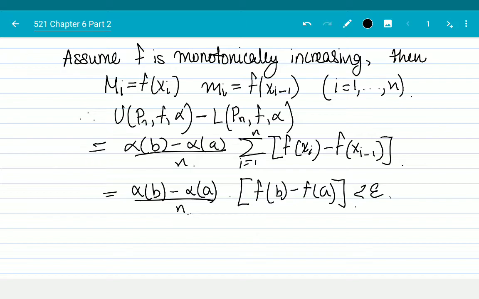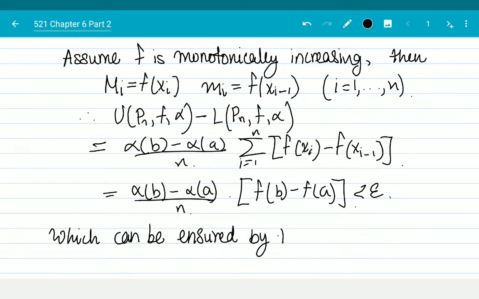I take my n large enough and I can make it smaller than epsilon, which can be ensured by taking n large enough.